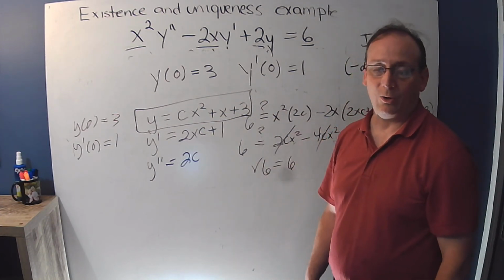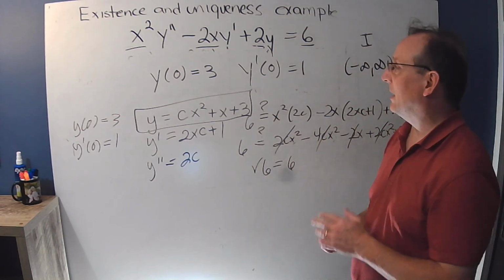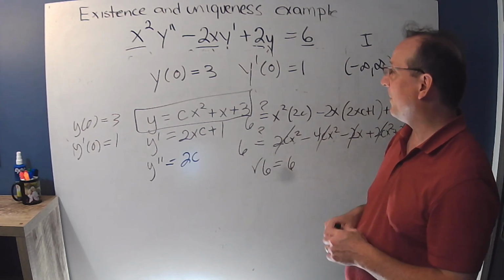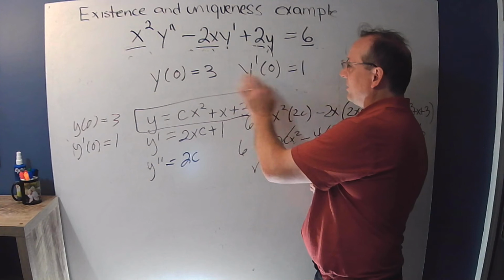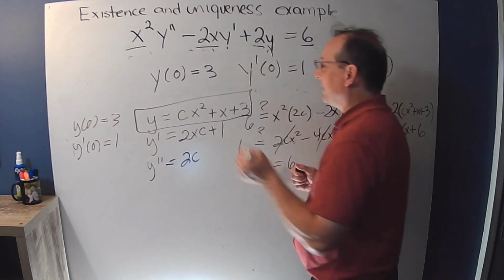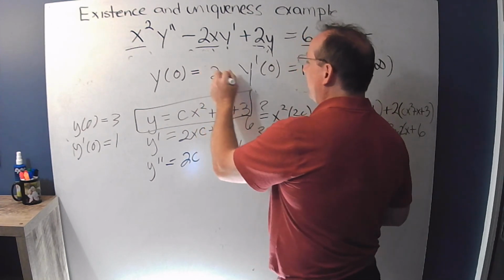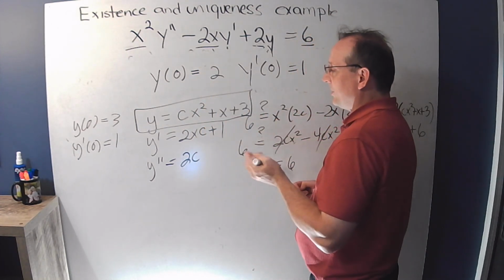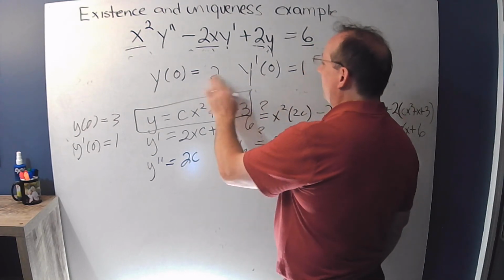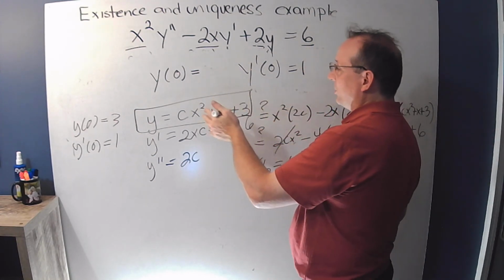Okay, so that's an example. And also, let me point something out here too. If I had tried to change these initial conditions from what they were, let's say I tried to say that this is 2, well, here's the problem then, we could run into no solution.